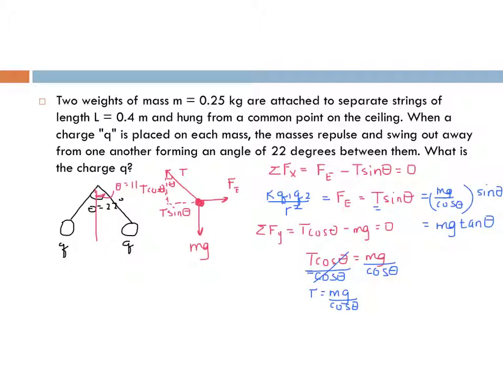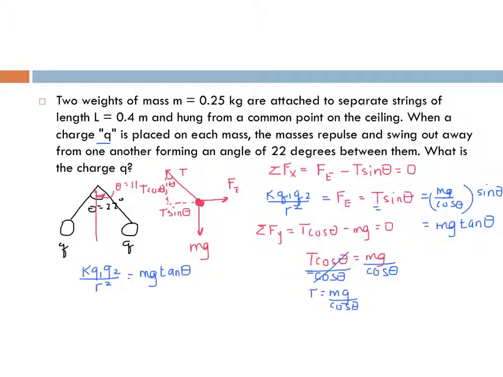So my equation becomes K Q1 Q2 over R squared is equal to mg tangent theta. Now you might think, well, I have Q1 and Q2, how am I going to solve for just Q? But it did tell you that the same charge is placed on both of them.